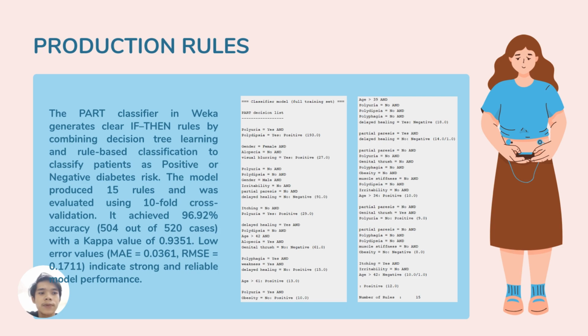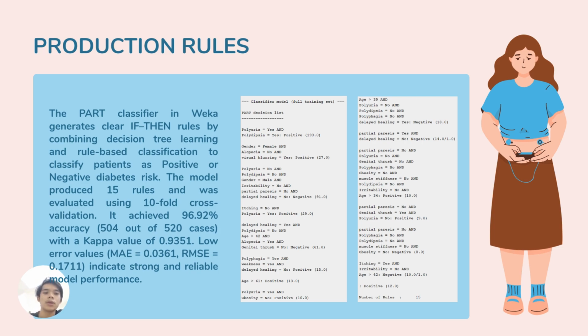The model achieved 96.92% accuracy, correctly classifying 504 out of 520 cases. It also has a high kappa value of 0.9351, which means the agreement between predicted and actual results is very strong.